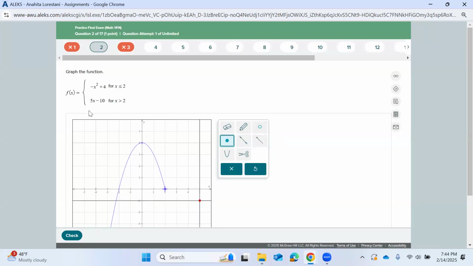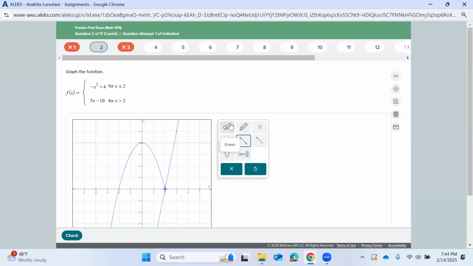Now, I want to graph this one, 5x minus 10. Do you remember it was a line? So I want to have a line, and one end is going to be here. And the other point was at 3 and 5, which is here.